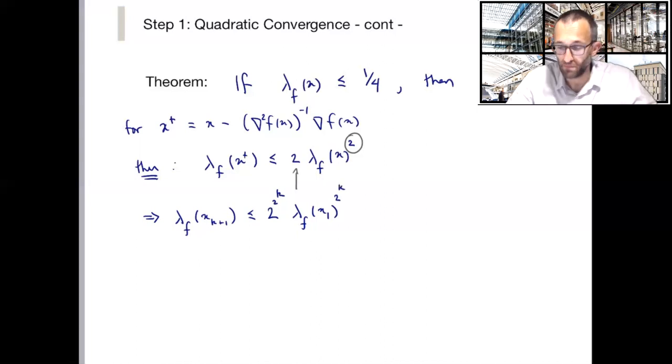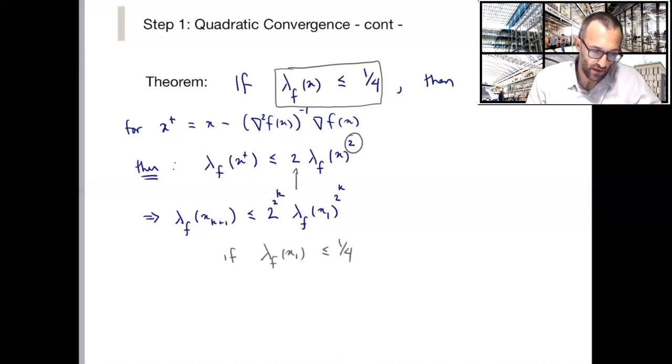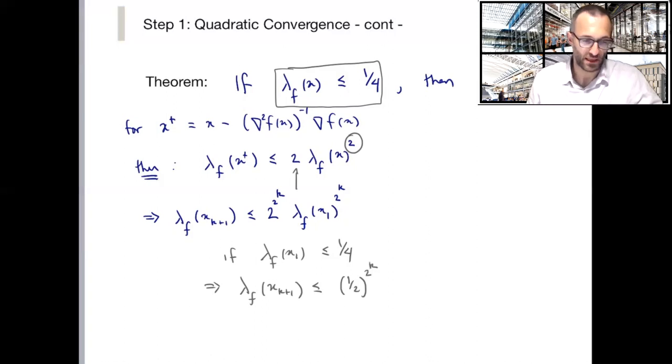And here we use this assumption that x1 satisfies this condition here. So as long as lambda f of x1 is less than 1/4, what does this tell me? This implies that lambda f of x_{k+1} is less than 1/2 raised to the 2 raised to the k.